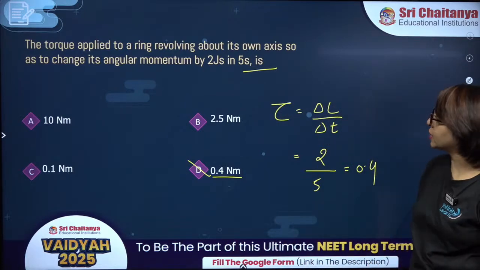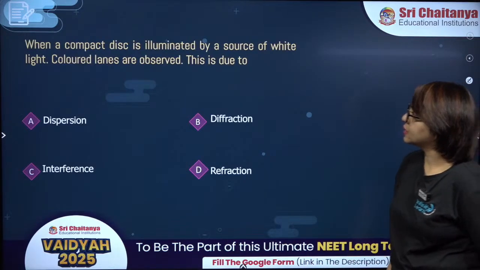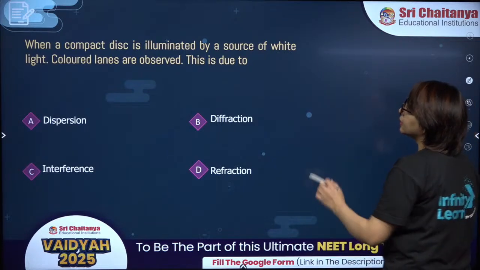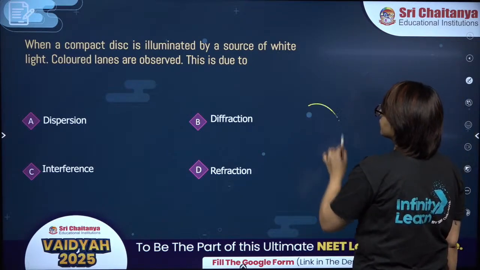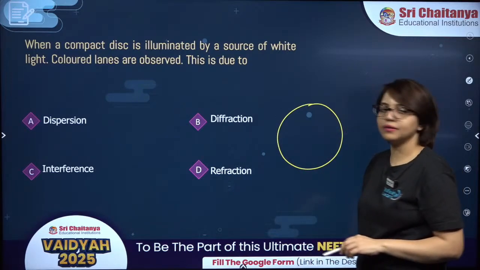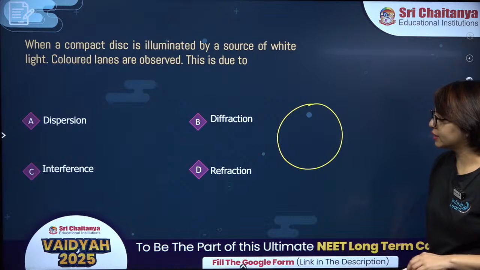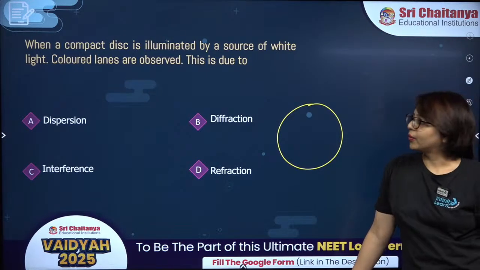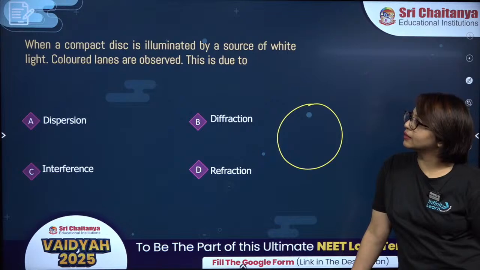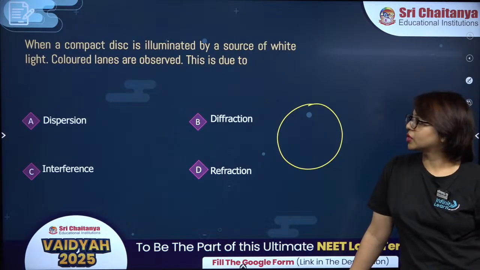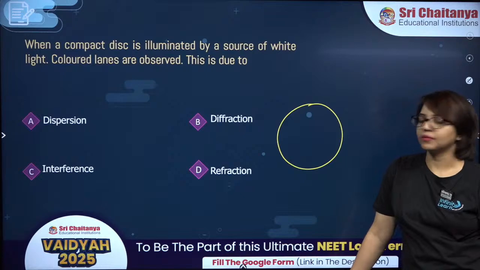All right, chaliye. Next is, when a compact disc is illuminated by a source of white light, colored lanes are observed. This is due to dispersion, diffraction, interference, refraction. Again, this is a conceptual problem based on your NCERT. क्या होगा? These colored lanes are observed due to which phenomenon? Dispersion, diffraction, interference and refraction.